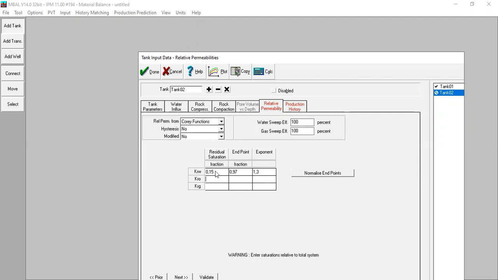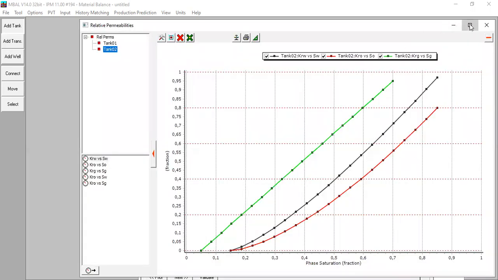Okay, 1.3 for the oil, residual oil saturation, endpoint, exponent, residual gas, endpoint, and then exponent.